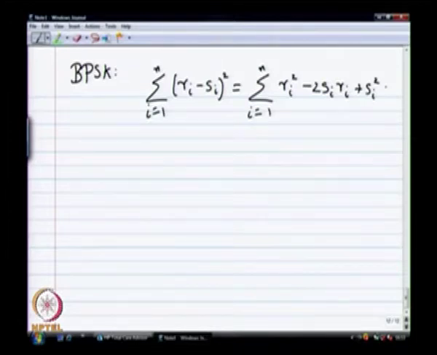So far I have still not used any BPSK knowledge. Now I am trying to optimize over all possible vectors S. The first term here is not going to be affected by changing S, so I can drop it from my calculation. Now what about Si squared? This is always equal to 1 for BPSK.